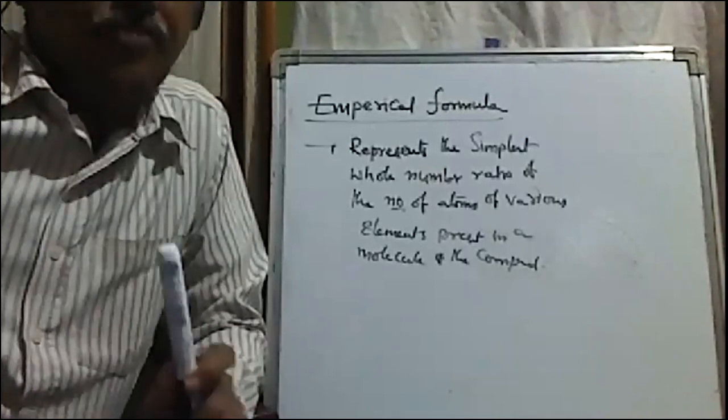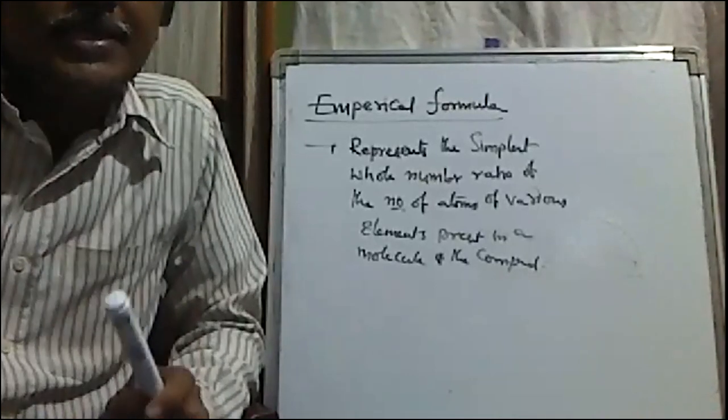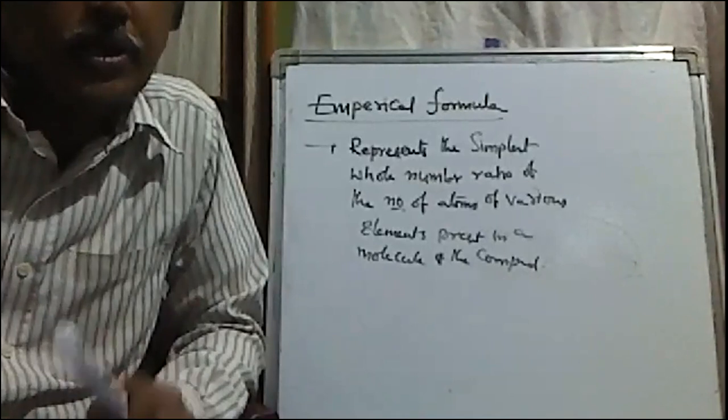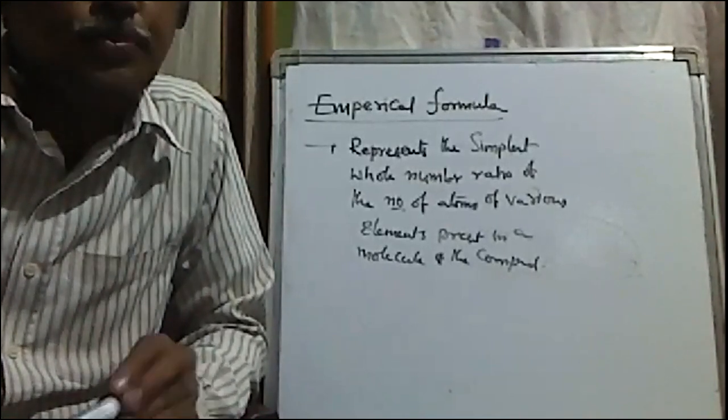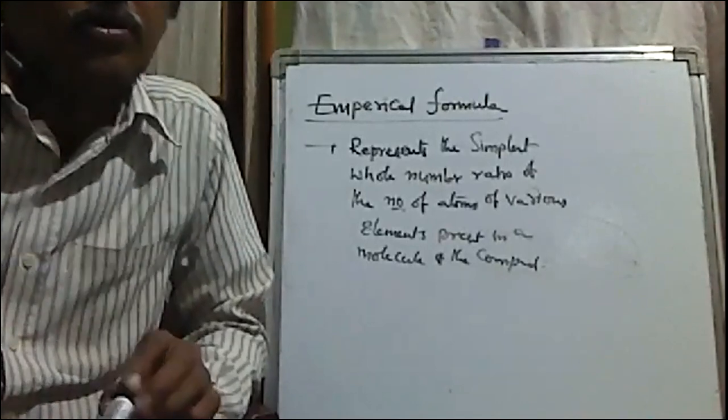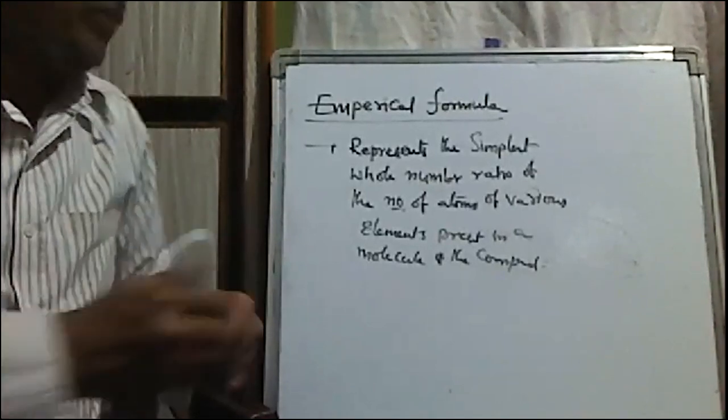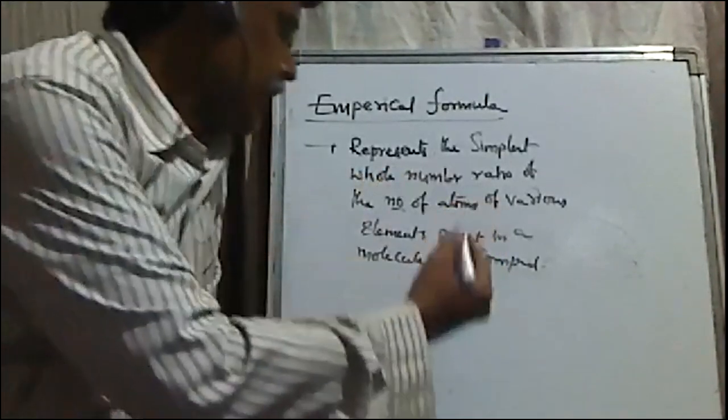So, empirical formula represents the simplest whole number ratio of the number of atoms of various elements present in a molecule of the compound.